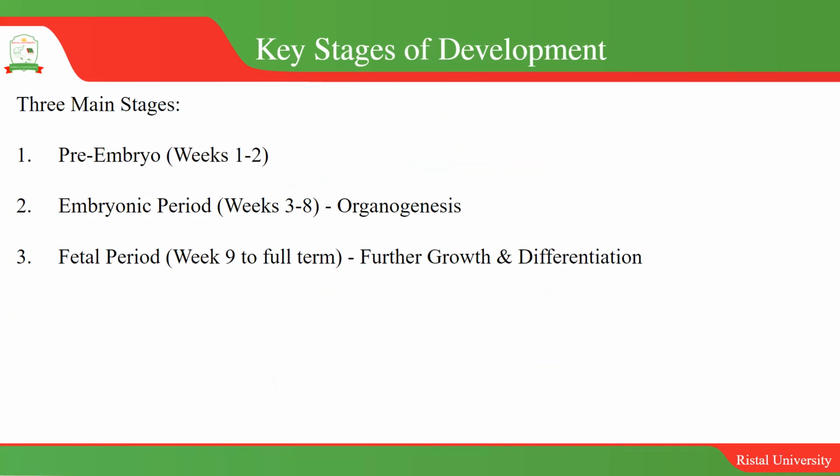The pre-embryonic stage, which lasts between 1 to 2 weeks, and then the embryonic period, which is called organogenesis, lasts from the 3rd week to the 8th week, and then the fetal period, which lasts from the 9th week to term. It's about 38 to 40 weeks, okay?